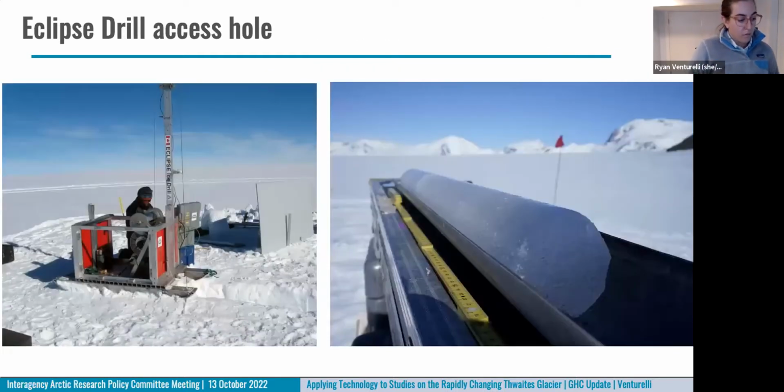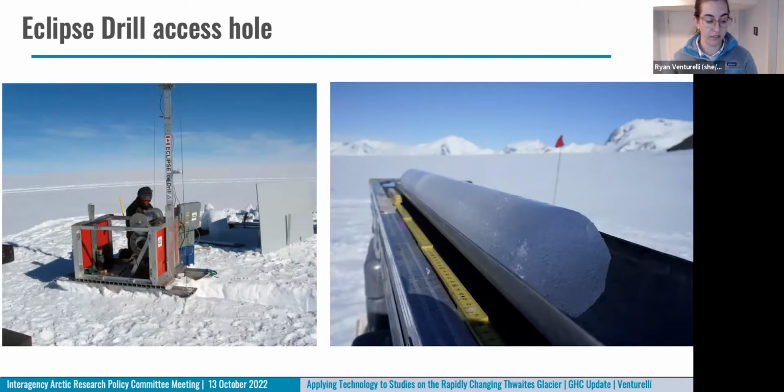And to get through the ice and into the bedrock, IDP uses the Eclipse drill for three reasons. It leaves an almost perfectly clean hole, which is different than augering technology that is a little bit messier and could leave behind large ice chips in the borehole.